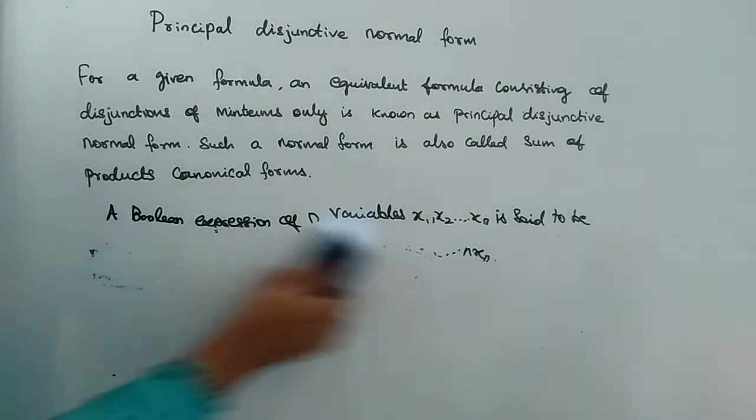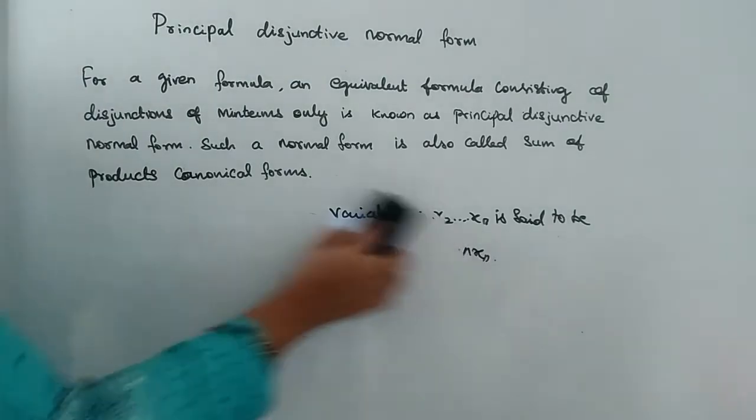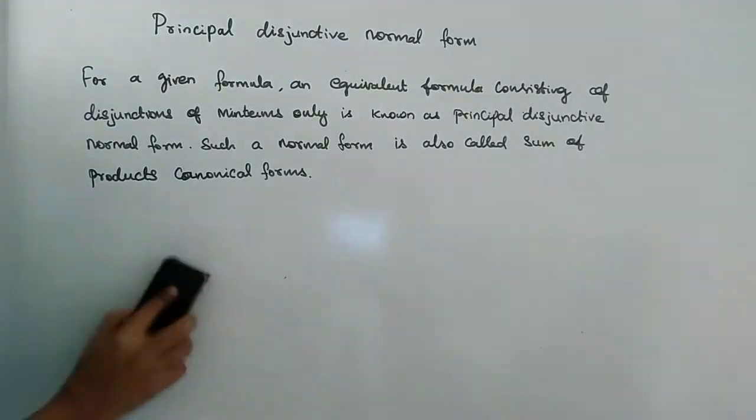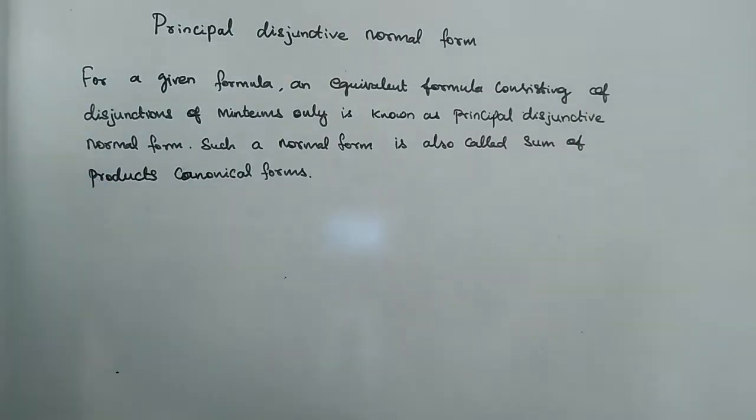Let's see an example for the min terms. What are all the min terms? Let us consider P and Q as the variables.